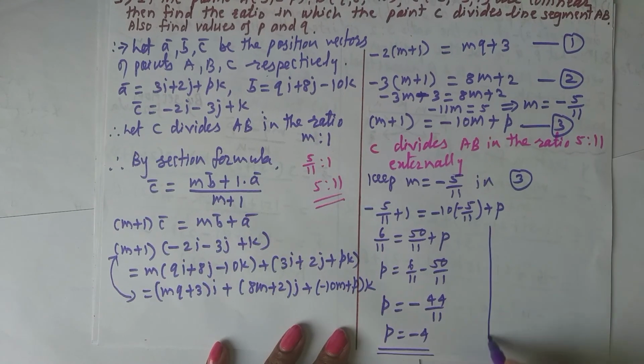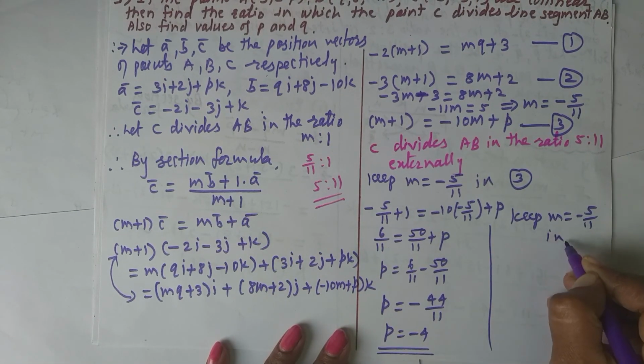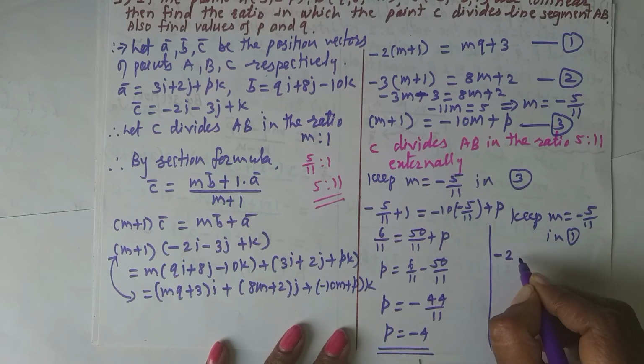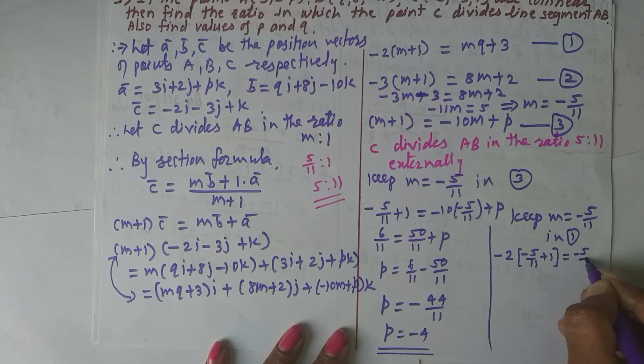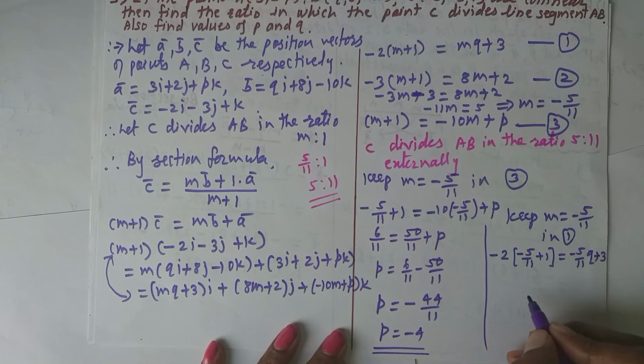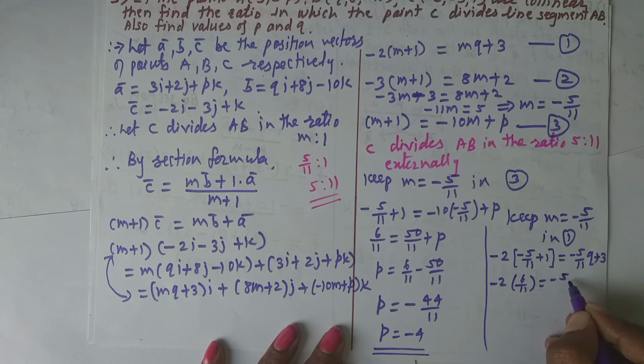Okay, then here you keep m is equal to minus 5 by 11 in equation 1, then this will be minus 2 times (minus 5 by 11 plus 1) is equal to minus 5 by 11 q plus 3. Okay, then this will be minus 2 times the bracket (minus 5 plus 11 over 11), that is 6 by 11, is equal to minus 5 by 11 q plus 3.